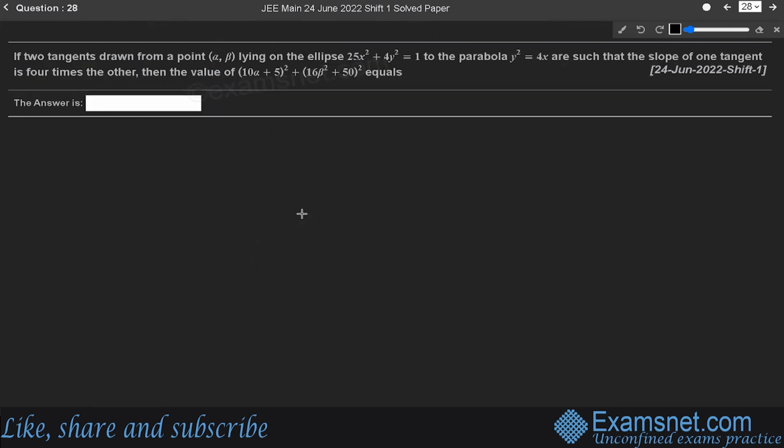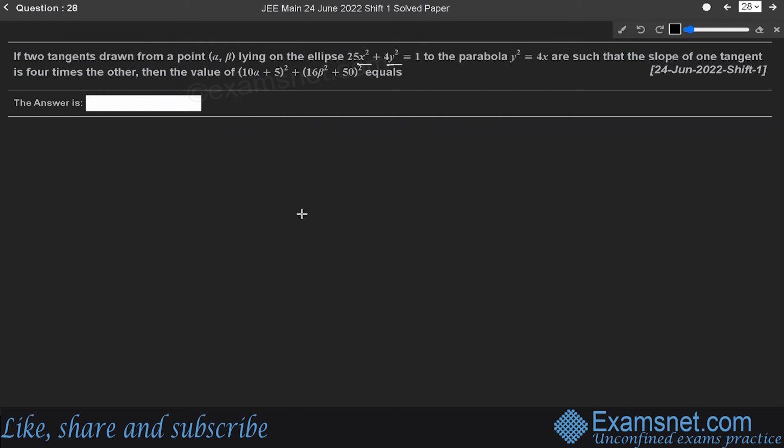Next question is, if two tangents are drawn from a point (alpha, beta) lying on the ellipse 25 alpha square plus 4 beta square is equal to 1 (we can also replace it by alpha and beta since it is lying on the ellipse) to the parabola y square is equal to 4x, such that the slope of one tangent is 4 times the other, then the value of (10 alpha plus 5) whole square plus (16 beta square plus 50) whole square equals.